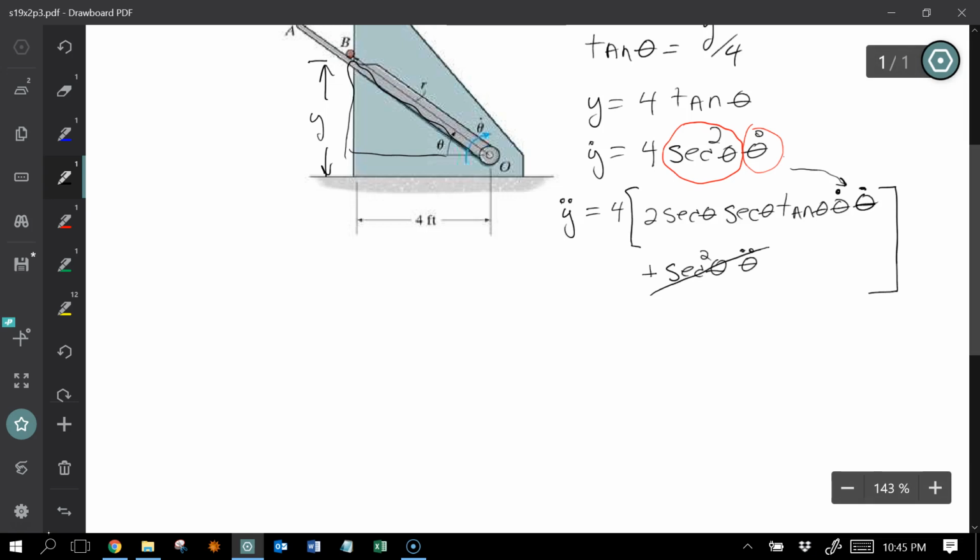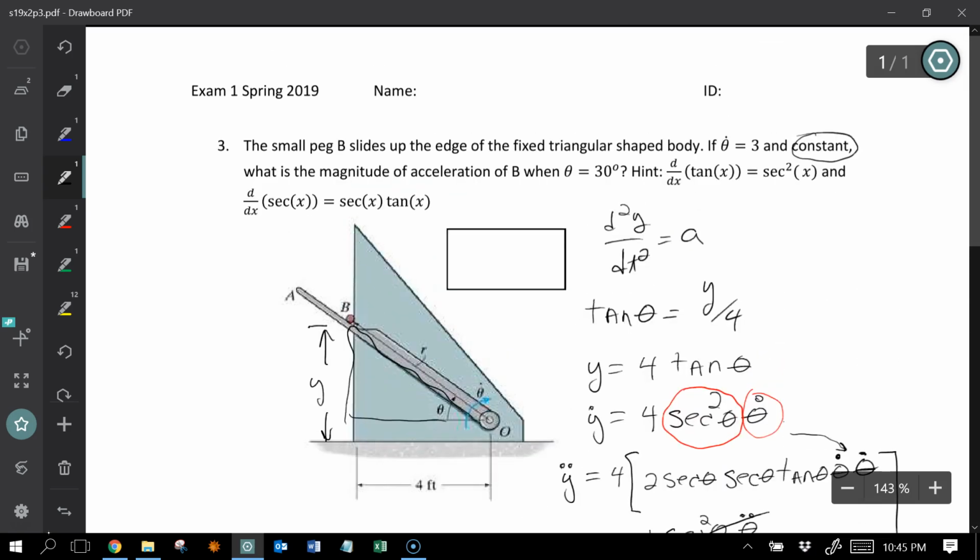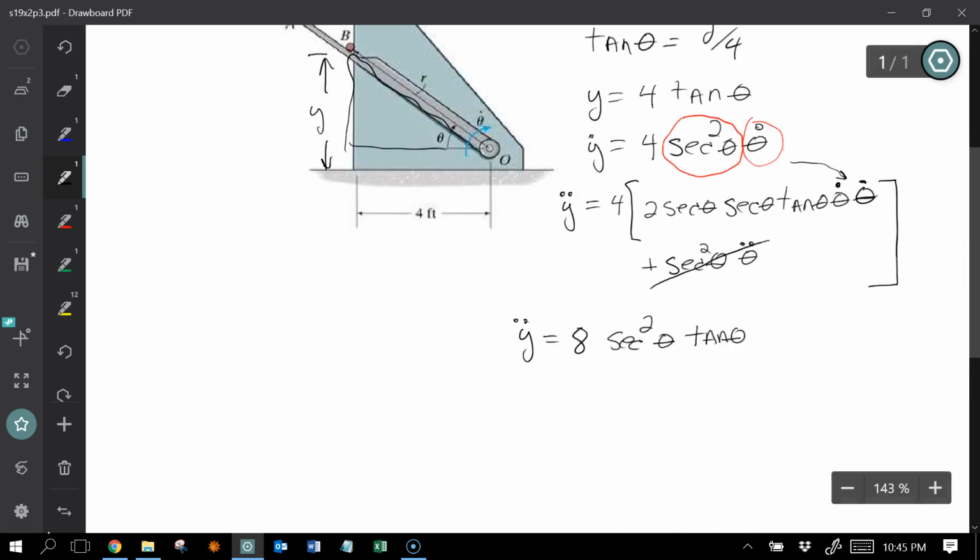and I'm left with y double dot equals 8 secant squared of theta times the tangent times theta dot squared. Theta dot is 3, so that'd be times 9.